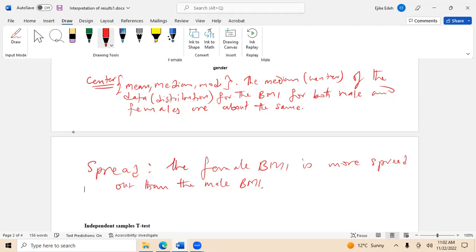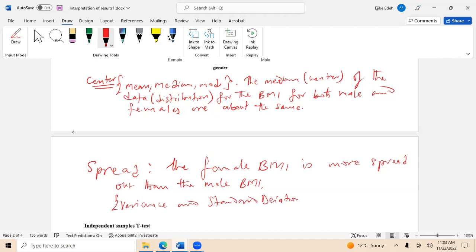And in terms of spread, we are talking about variance and standard deviation when you talk about spread. Right?